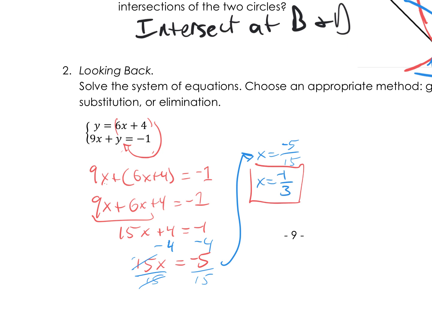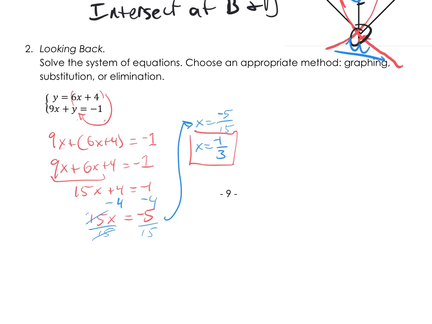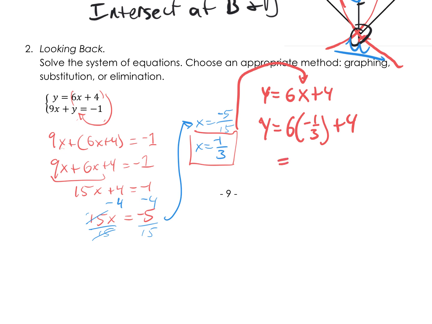No, not quite. We've got to find out what y is. So we've got to plug that in for y. So let's do that. Okay. So we know that y equals 6x plus 4. Well, we know what x is, so let's plug that in right there. So y equals 6 times negative 1/3 plus 4. 6 times negative 1/3, well, if you want, that's like 6 over 1.